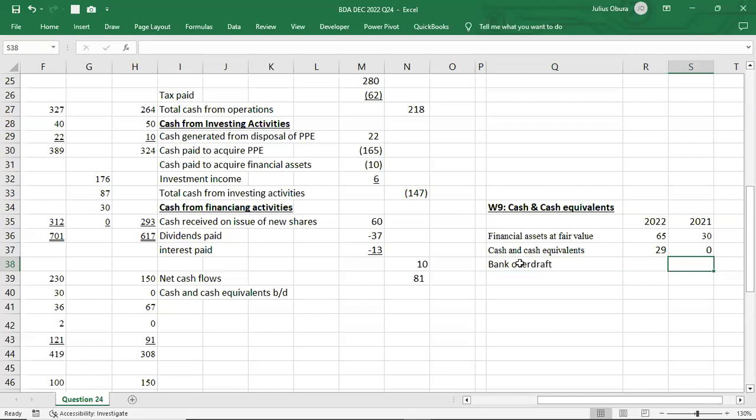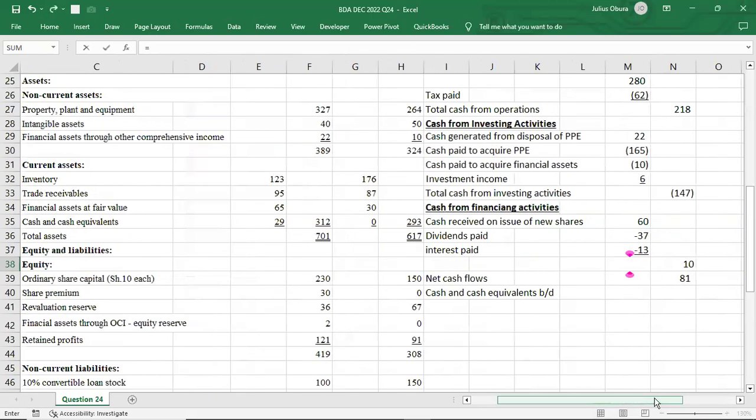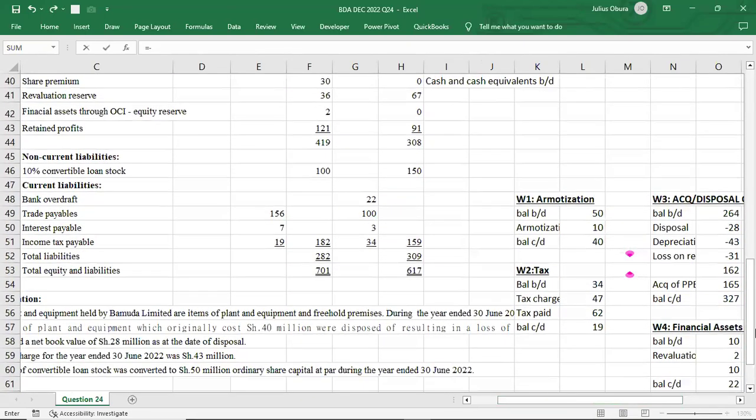Bank overdraft. Remember, we've said it is treated as a negative cash equivalent. So our bank overdraft should be from the liability section. Do we have anything for the year 2022 for bank overdraft? There's nothing.